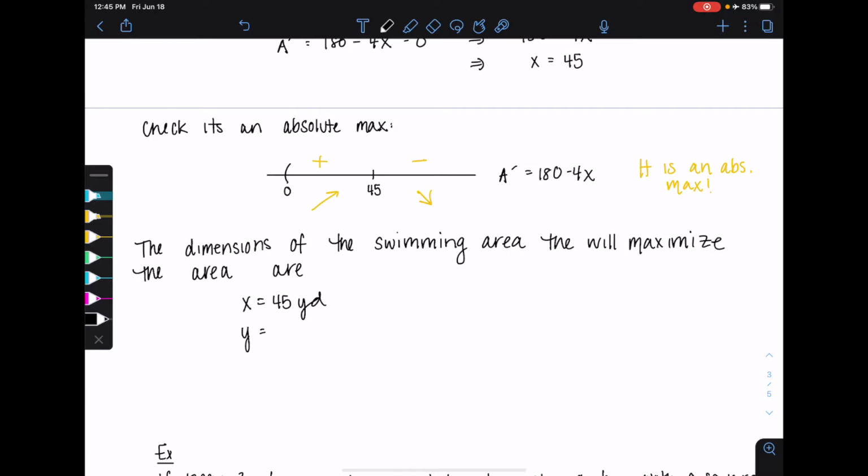Our y value is 180 minus 2 times x. So that's 180 minus 90, which gives us 90 yards.